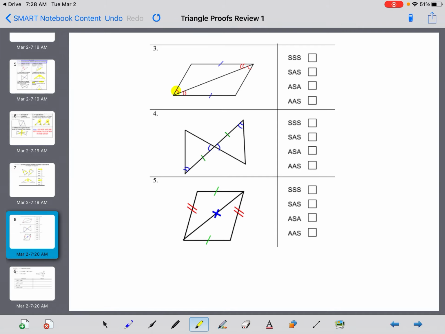Here we have an angle followed by an angle followed by a side, and the same on the other. Angle, angle, side. Number 4, we have an angle, a side, and an angle, and it mirrors on the other. Angle, side, angle. Number 5, we have 3 sides congruent to 3 sides. Side, side, side.